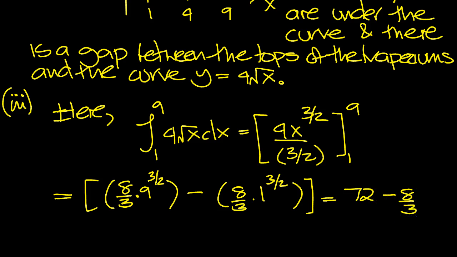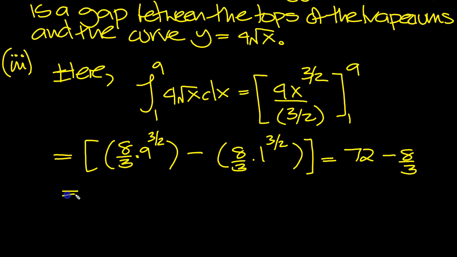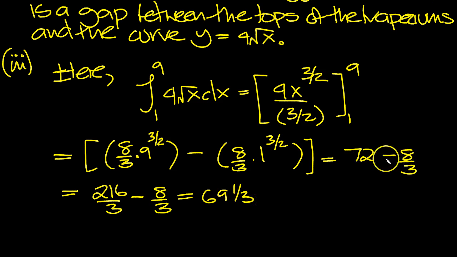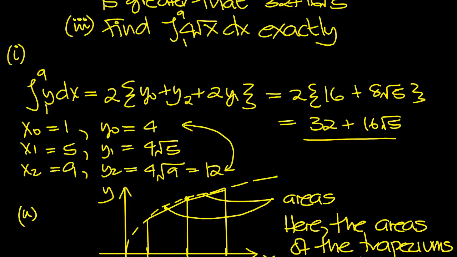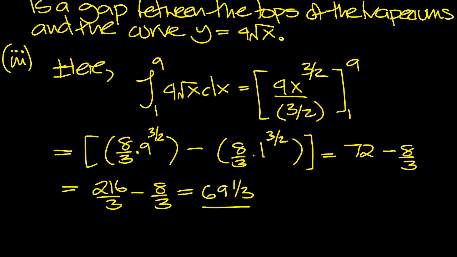So this is 72 minus 2 2/3, so it's going to be 69 and 1/3. If you take away 3, you get 69, add 1/3. So again, tap it in the calculator if you need to. So I is equal to 69 and 1/3. Let's just check the question, find it exactly. Yeah, that's fine.